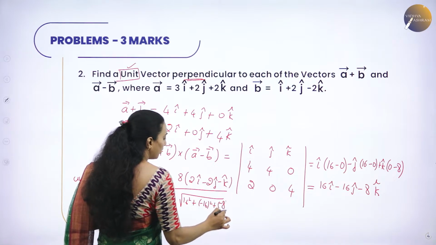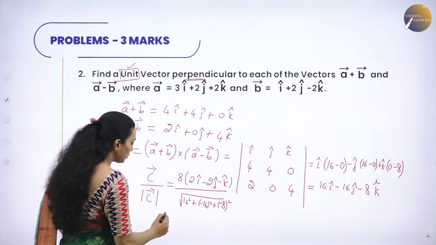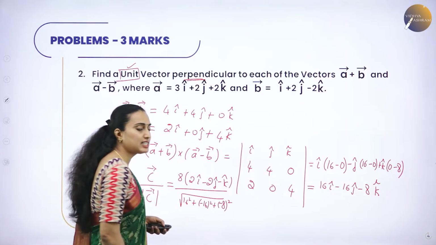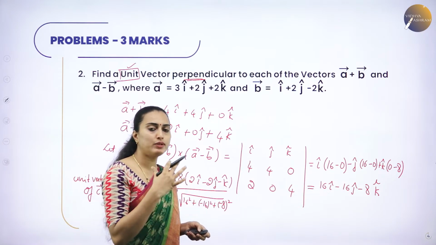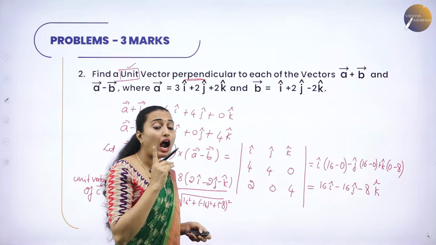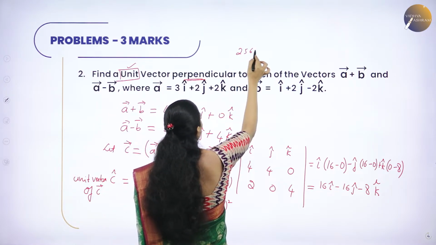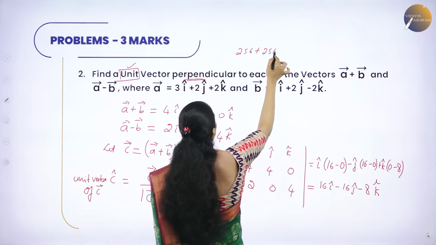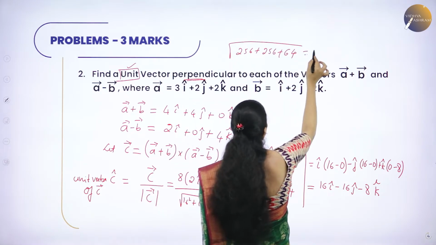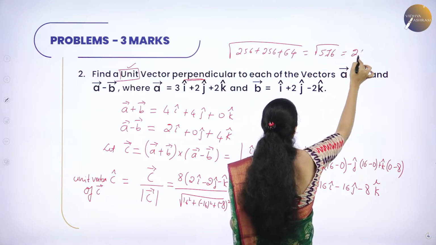Right. So, let us evaluate this one. 16 squared will be equal to 256, plus 256, plus 64. 256 plus 256 plus 64 gives you 576. Under the root of 576, here I am doing the calculation, gives you root of 576 which is nothing but 24.